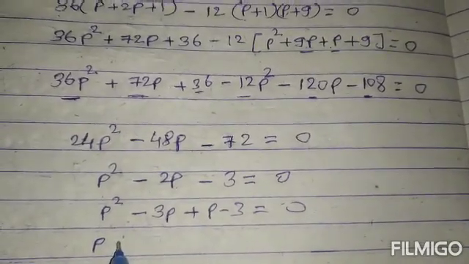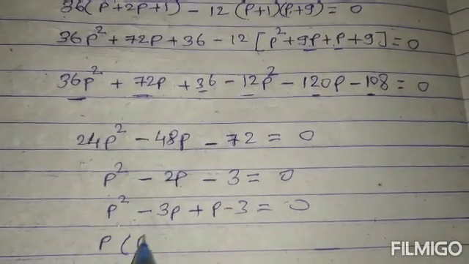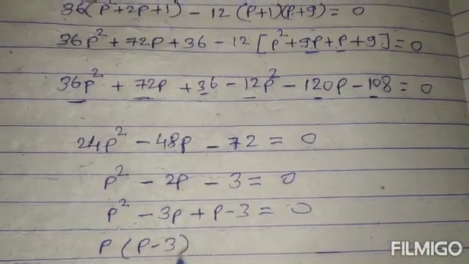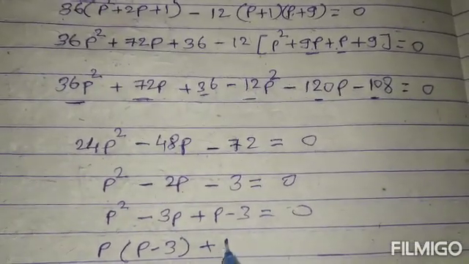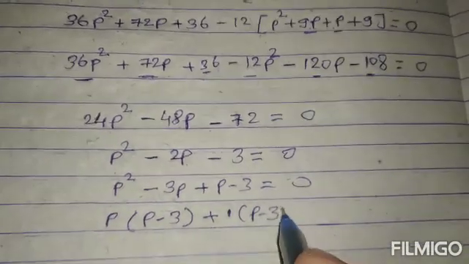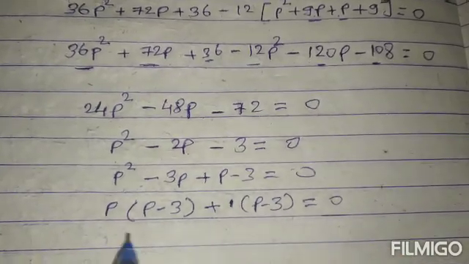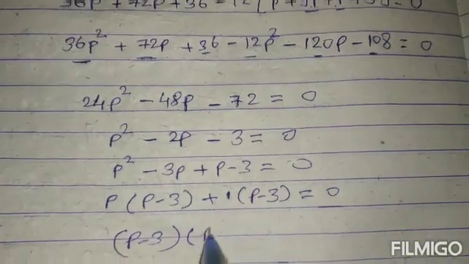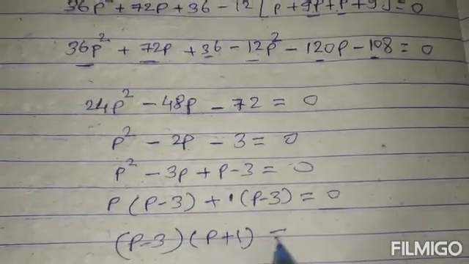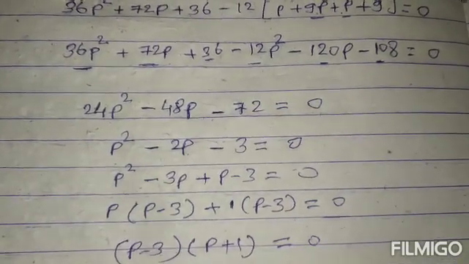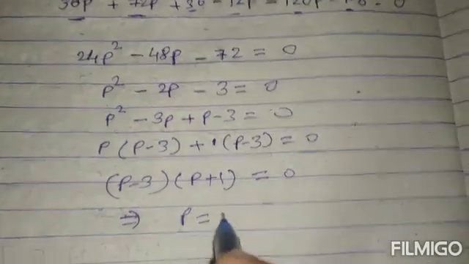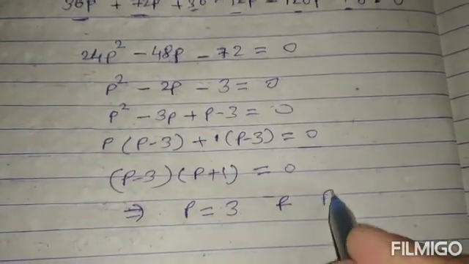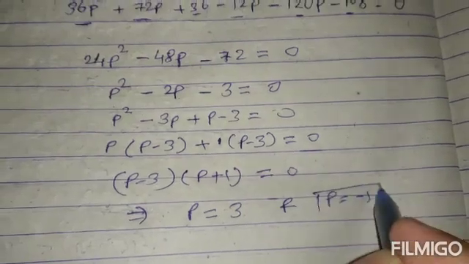If we take p common, inside there will be p - 3. Here (p - 3) is common. Therefore (p - 3)(p + 1) = 0, and this implies p = 3 and p = -1.